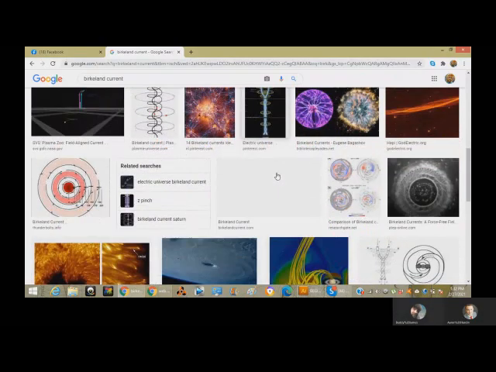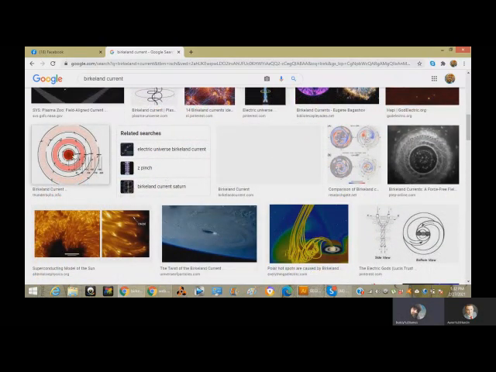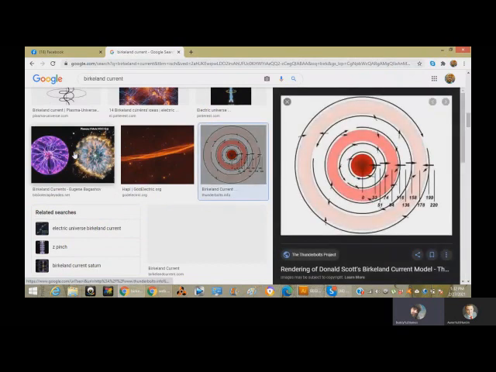But anyway, here's the Bessel function, the Gaussian Bessel filament, Don Scott's model of the counter-rotating concentric cylindrical model.